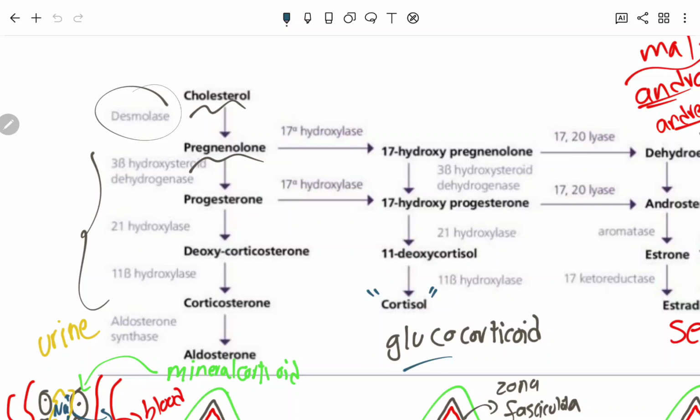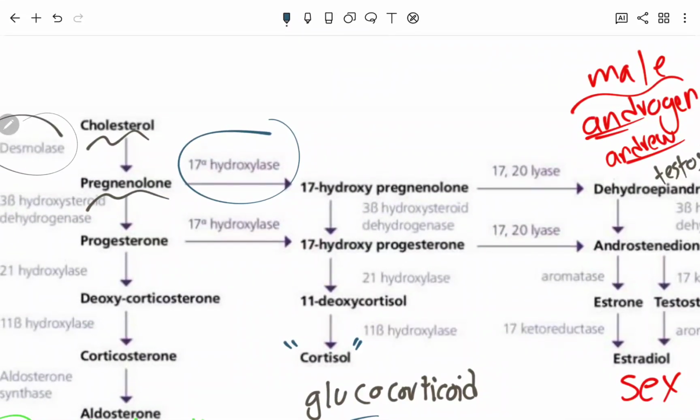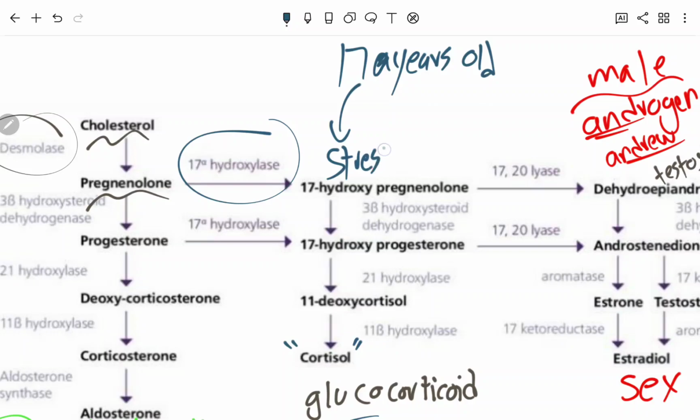You see, we all know about the 17-hydroxylation, and we all know that the 17-hydroxylation only occurs if we want to synthesize glucocorticoids or sex hormones. And so, let's associate the 17-hydroxylation with the age 17. This is a mnemonic. At the age of 17, you're facing the stresses of being a teenager, in addition to the fact that you're still undergoing puberty.